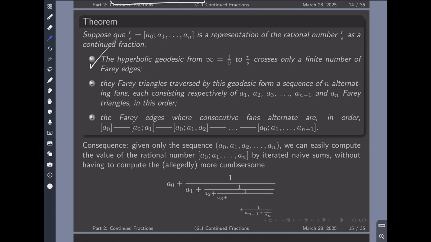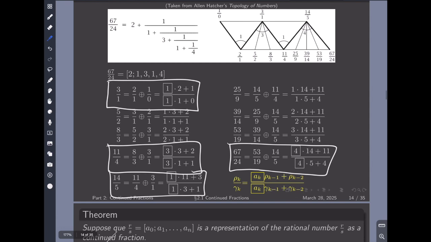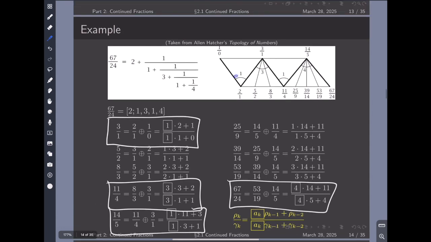And in the final one, that's your rational number. Okay, so the AIs give you the information of when to alternate. Yes, the AIs are the lengths.